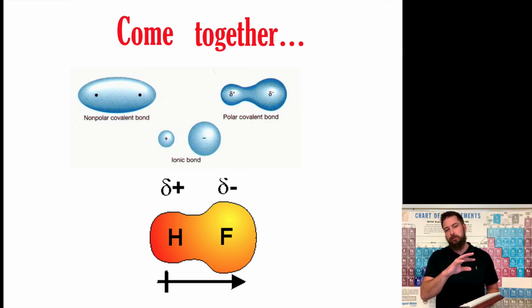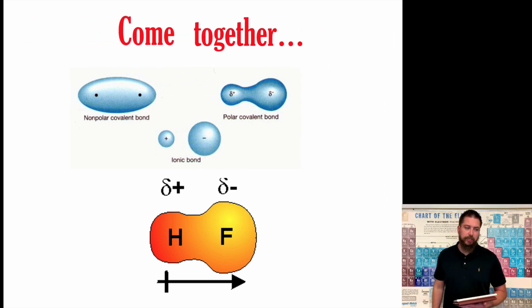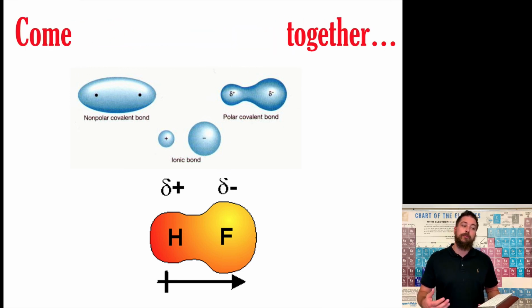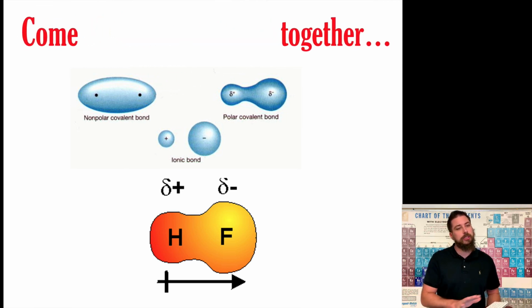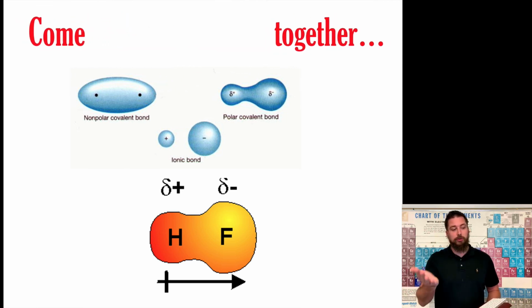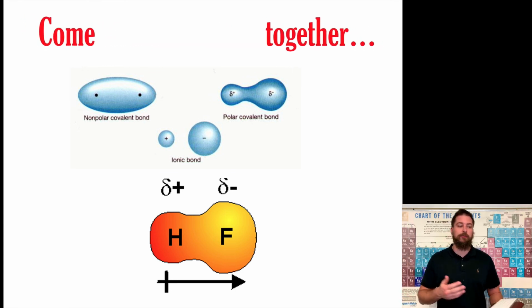Now, I want you to take a look at the blue bonds above. A non-polar covalent bond is where there's equal sharing, the electronegativity is similar, and so the electrons are evenly shared throughout. Then look at the polar covalent bond, where we have the partial negative and partial positive.